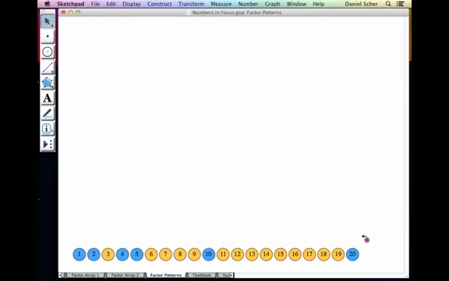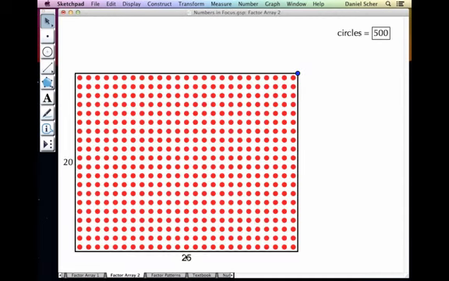If I make an array with 1 row of 20 circles, we could ask students to predict what other arrays we can make with 20 circles, just like what we could have asked on the previous page. But here we have some more information.